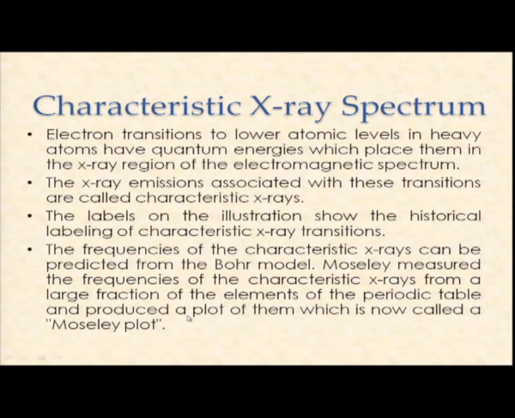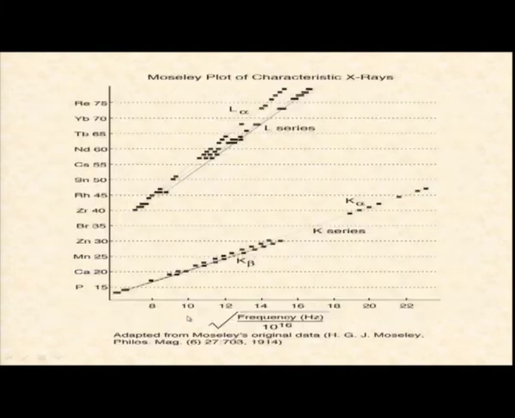The frequencies of the characteristic X-ray can be predicted from the Bohr model. Then Moseley measured the frequencies of the characteristic X-rays from a large fraction of the elements of the periodic table and produced a plot of them, which is now called Moseley plot. Here in this figure you can see the Moseley plot of characteristic X-ray spectrum.